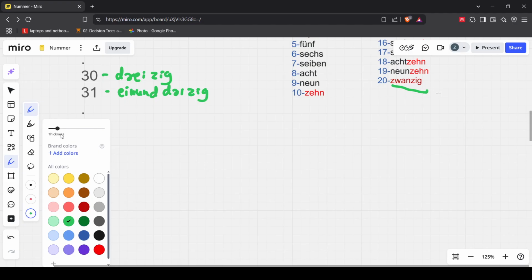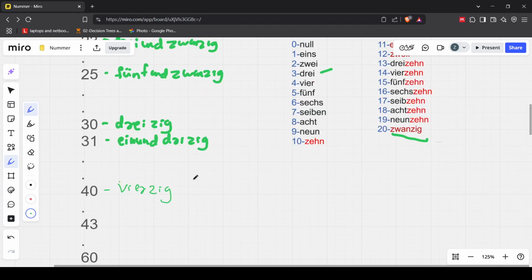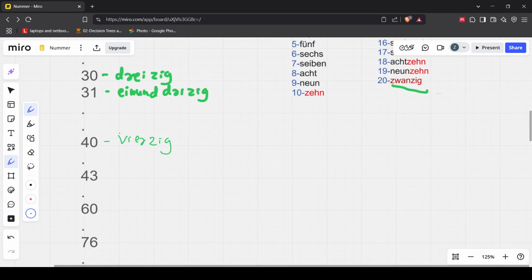Let's make the pen less thick. Okay. This is vierzig. Then this is drei und vierzig.